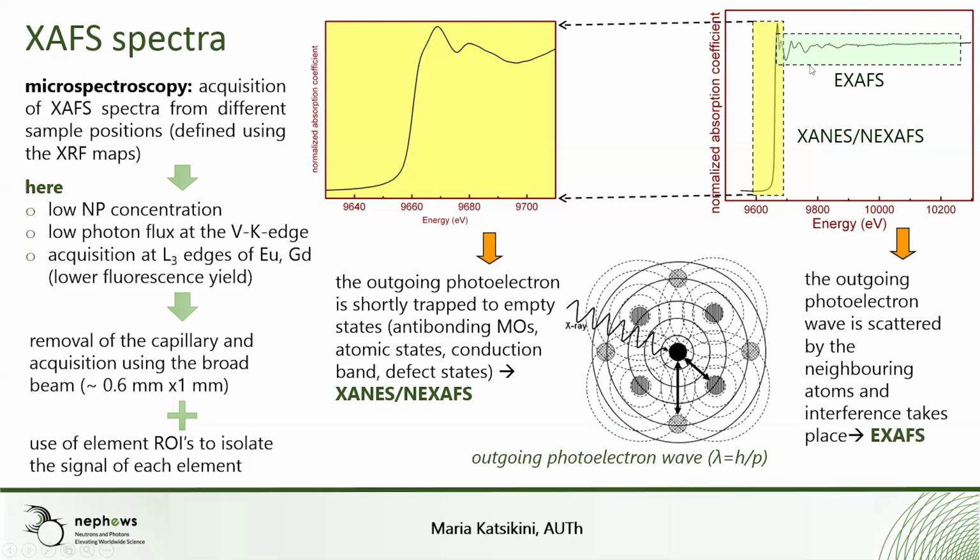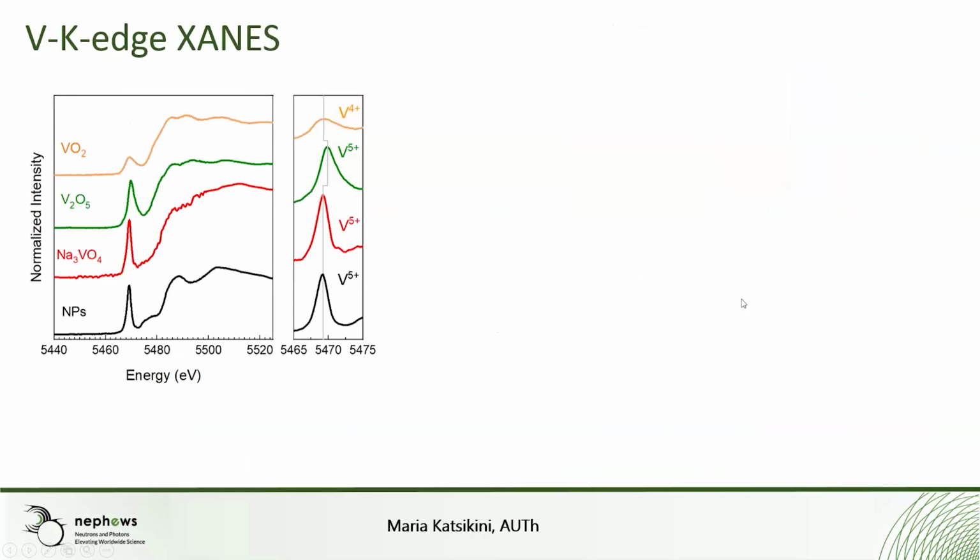Whereas the part of the spectrum that extends up to 1000 eV above the absorption edge is called EXAFS. It is the extended part, and it has a characteristic oscillatory behavior, which is due to interference effects between the outgoing photoelectron wave and the waves which are backscattered by the neighboring atoms.